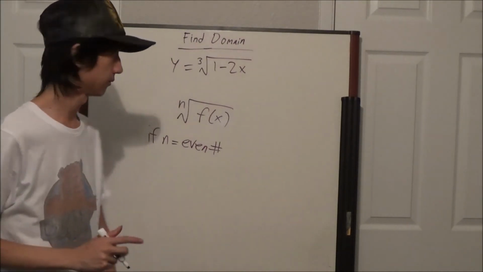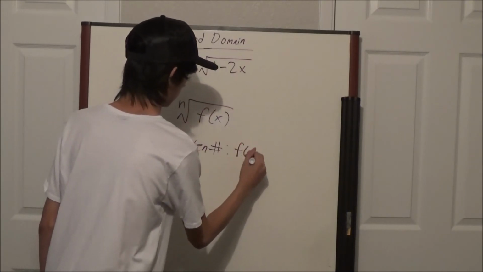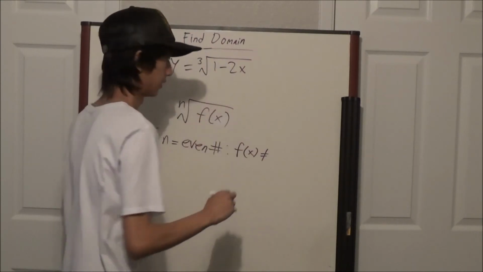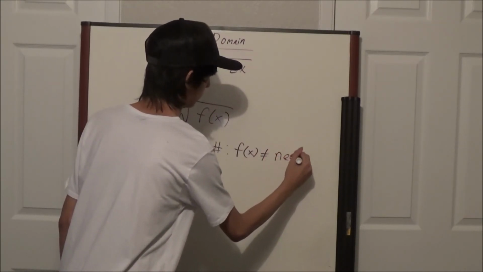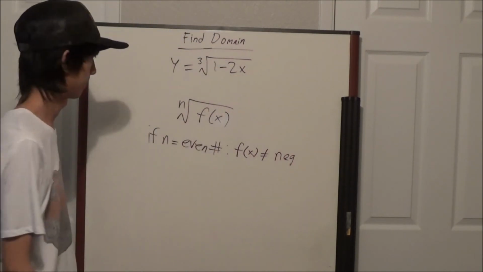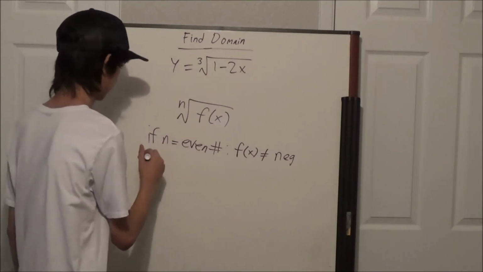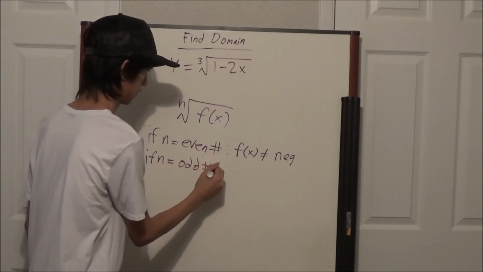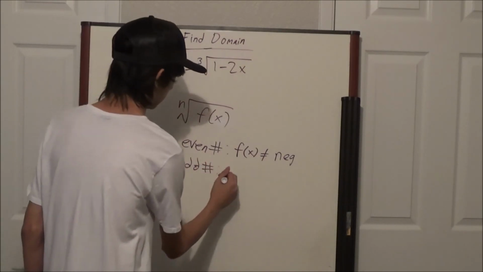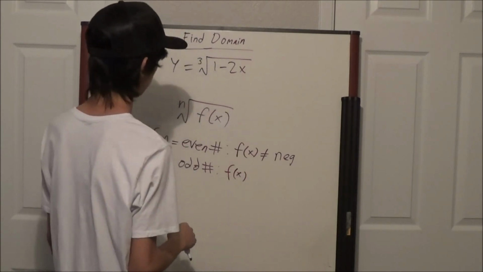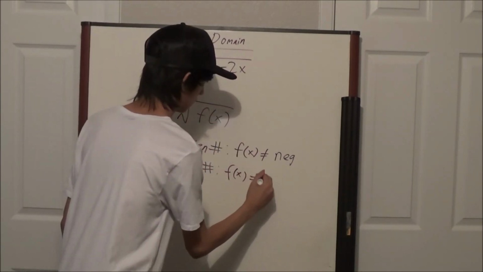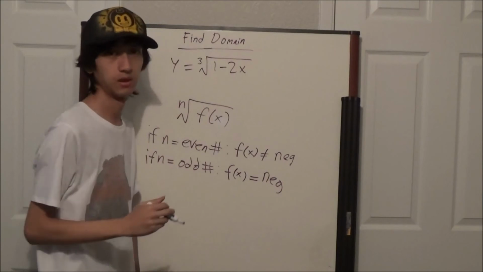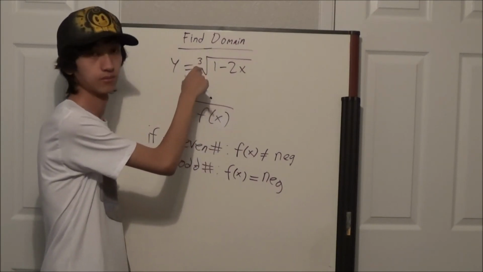If it's an even number, the function, or whatever's inside here, cannot be a negative number. Okay? However, if n is an odd number, okay, this function, or whatever is inside here, can have a negative number. So yes, you can have a negative number if there's an odd number root.